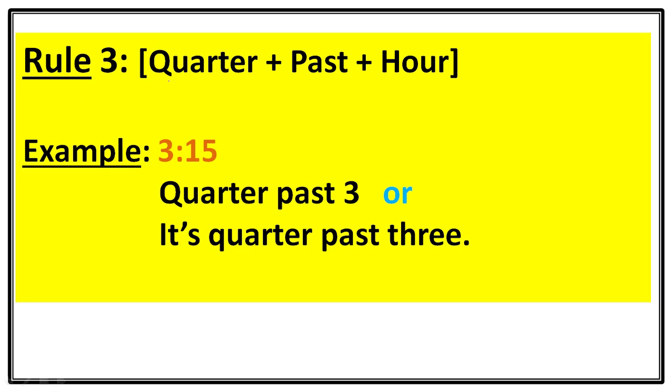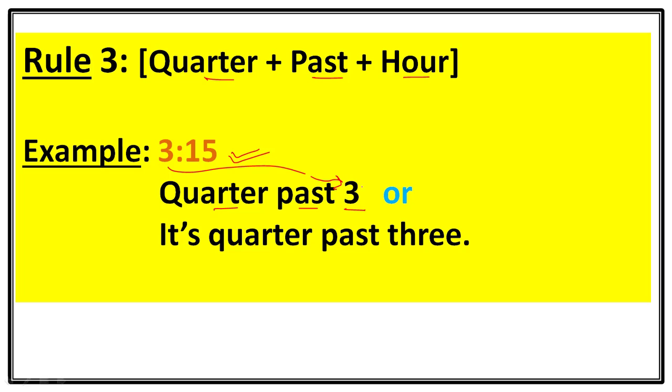Okay, let's see rule number 3. That says quarter plus past plus hour. Let's take an example, 3:15. You have to tell this time in English. So you'll follow the above rule, which says quarter plus past plus hour, that is 3.